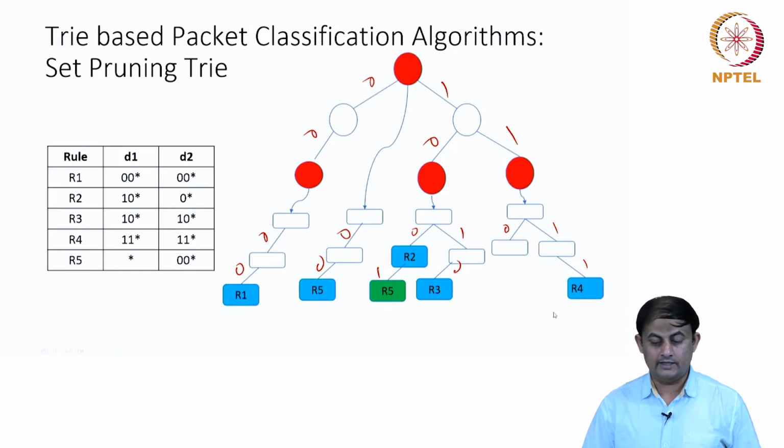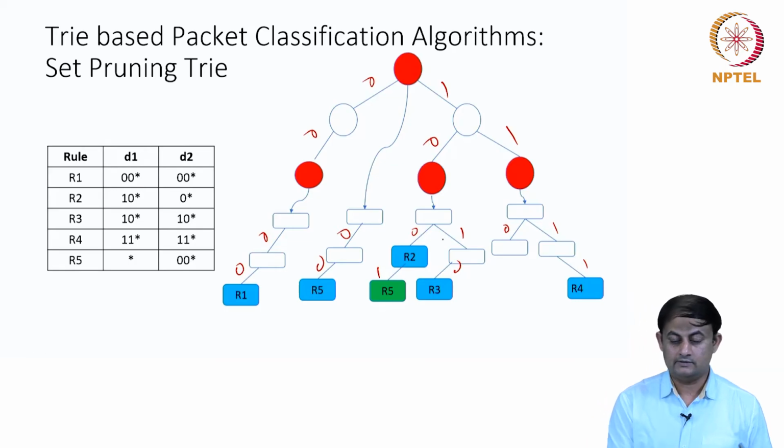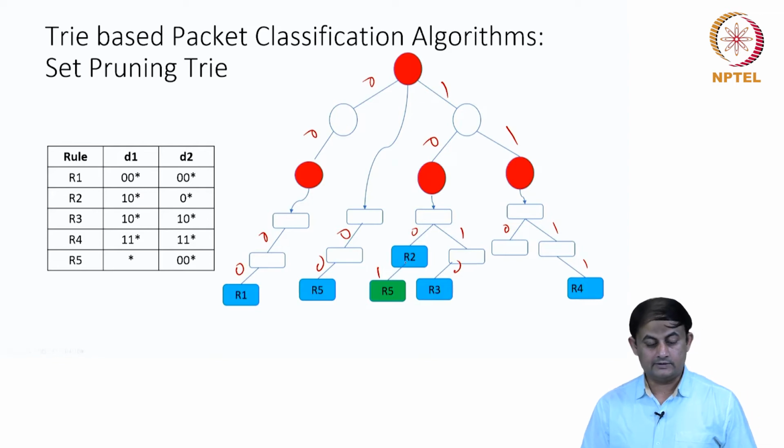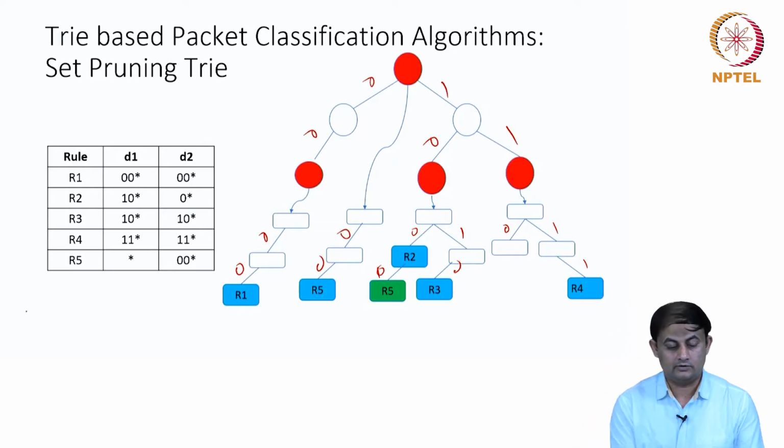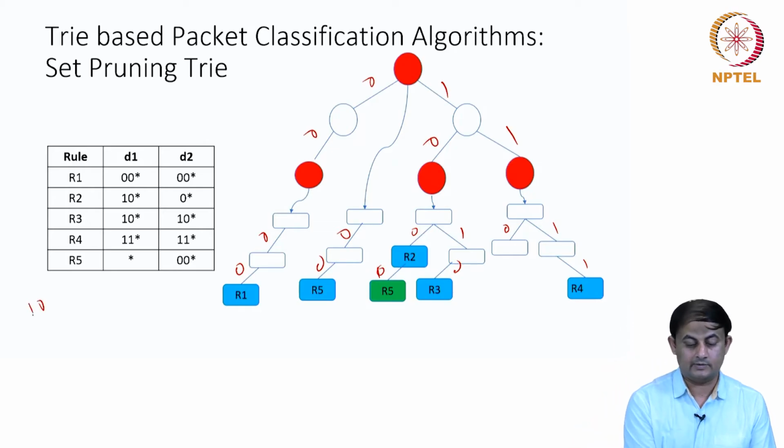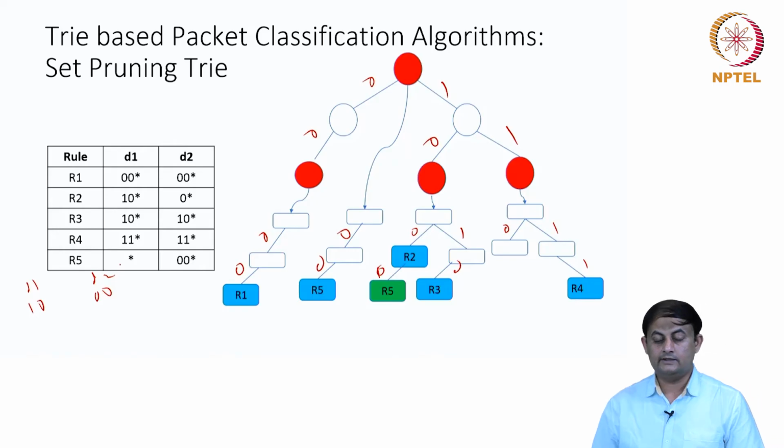So if we happen to read 1 0 in the first place and then a 0 1, what we are saying is, this is 0 0 star. So if your input packet contains the prefix 1 0 for the dimension D1 and 0 0 for the dimension D2, then the rule that is applicable according to this set of rules is basically R5.